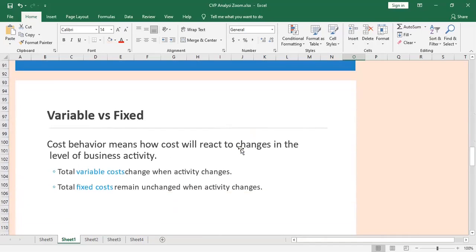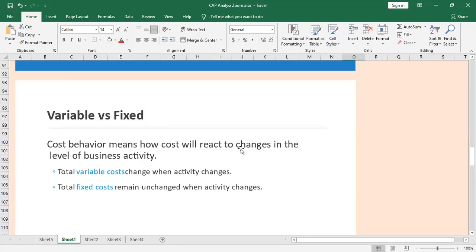And then we have the most famous categorization of the cost, that is variable and fixed. I think we all know what is meant by variable and fixed. Now, how do you identify a variable cost? If the cost is changing with the level of output, that is variable. When you are producing 1 unit, if the cost is 50, then when you are producing two units, the cost is 100.